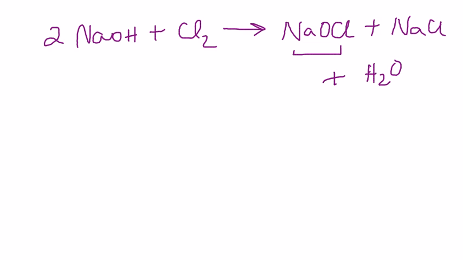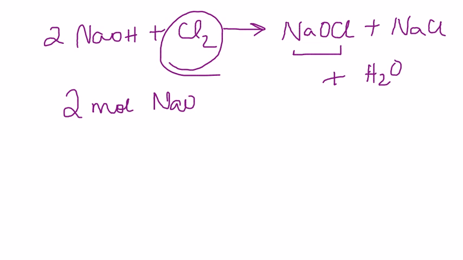So now if you wanted to figure out how many grams of chlorine you would require for a given amount of sodium hydroxide, you can say that your balanced reaction is that 2 moles of sodium hydroxide corresponds to a mole of Cl2.